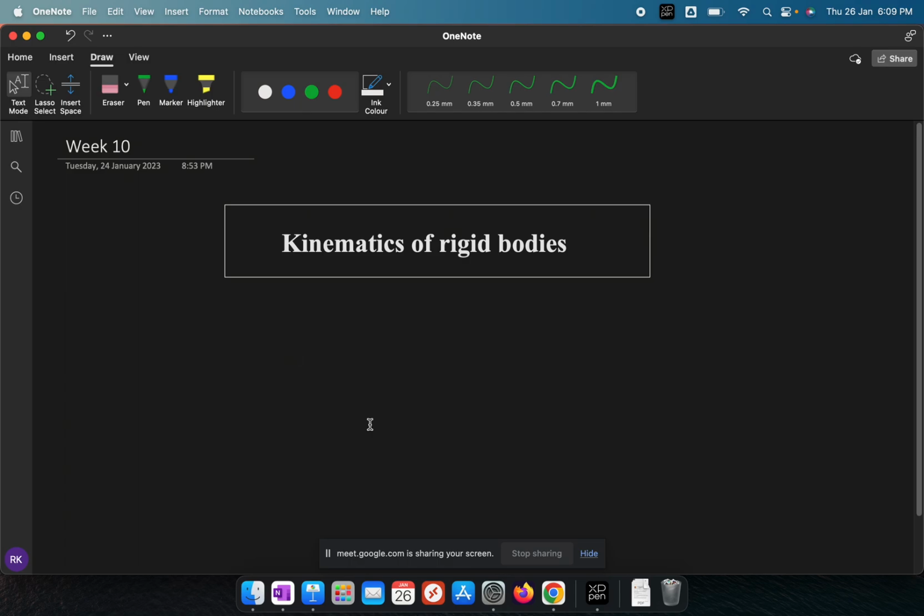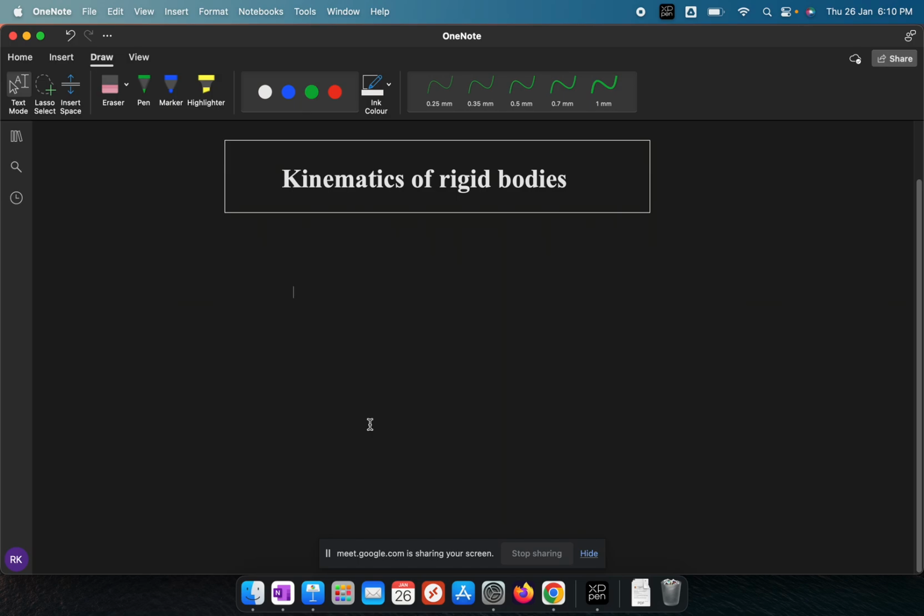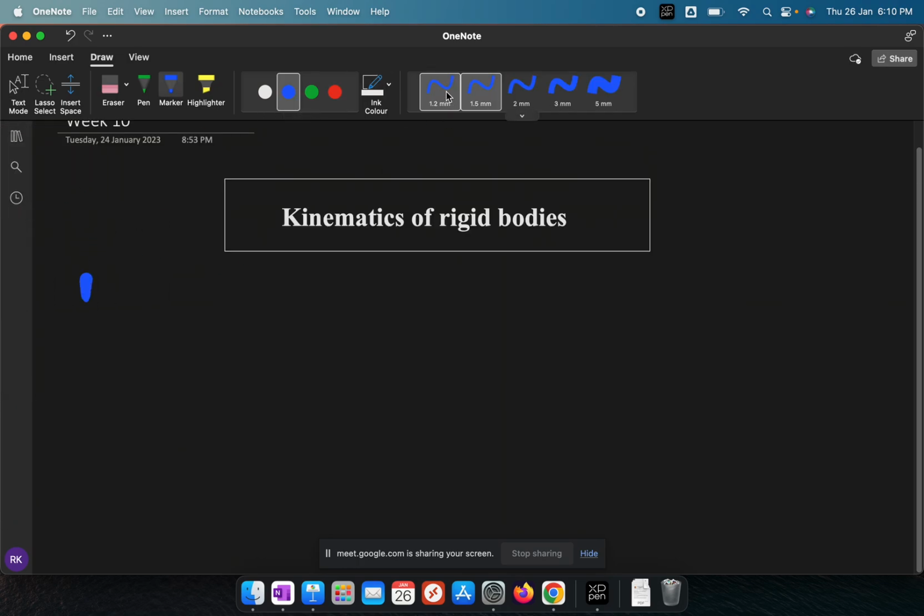Okay, so today's topic is kinematics of rigid bodies. In rigid bodies, we usually see various types of motions.